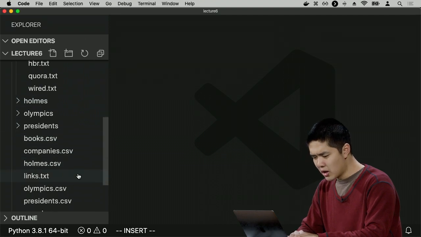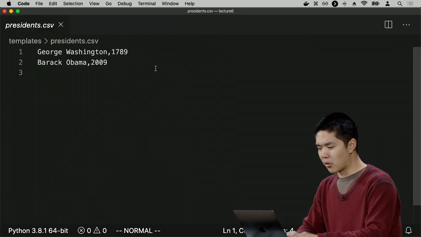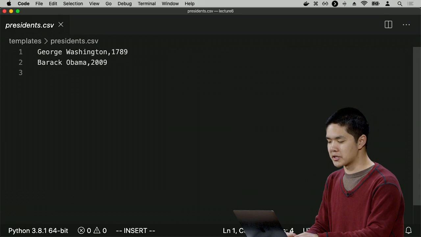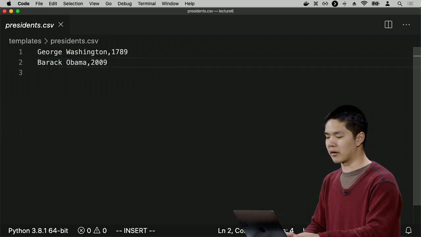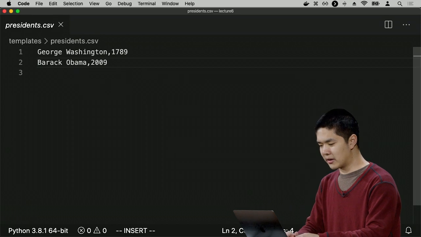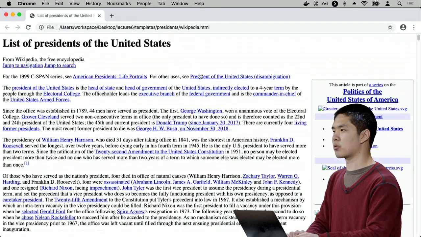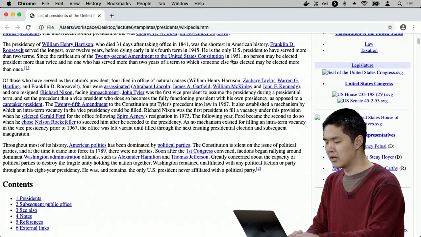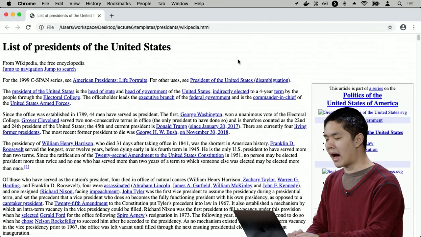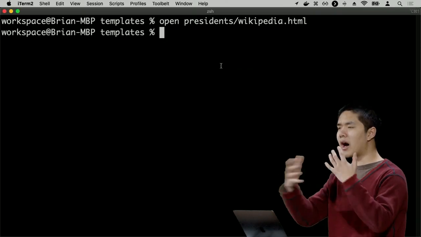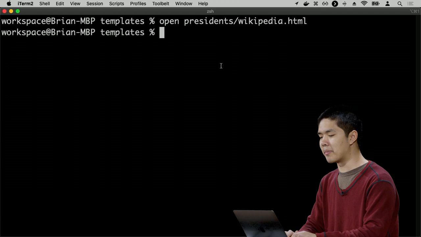I'll show you presidents.csv, where I have two presidents and their inauguration dates. So George Washington, 1789, Barack Obama, 2009, for example. And I'm also going to give our AI a corpus that contains a single document, which is the Wikipedia article for the list of presidents of the United States. Just information about presidents. And I'd like to extract information about the presidents from this raw HTML document on a web page.